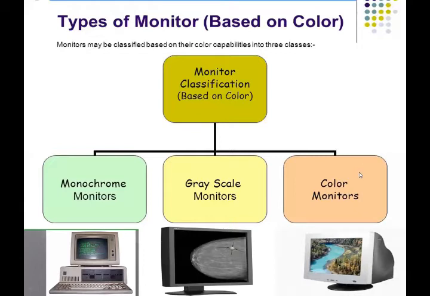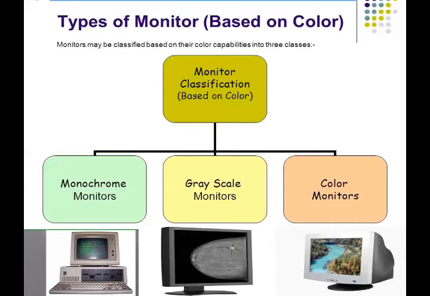Third one is color monitor. A display monitor capable of displaying many colors. In contrast, a monochrome monitor can display only two colors, one for the background and one for the foreground. Monitors implement RGB colors.